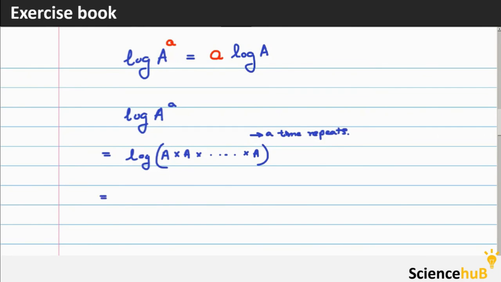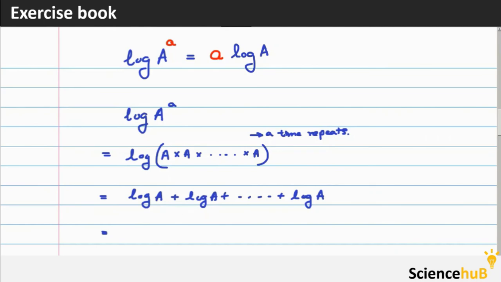Now I can write this as log A plus log A plus log A. Since this is a multiplication, I can write it as a summation.